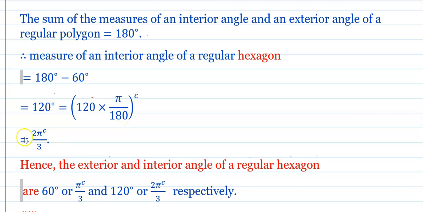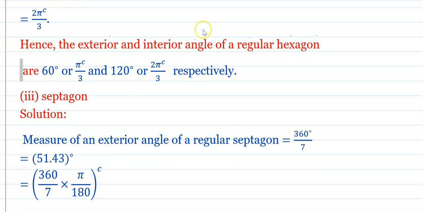Therefore you will get 2 pi by 3 radian, and hence the exterior and the interior angle of a regular hexagon are 60 degrees or pi by 3 radian, which is the exterior angle. Next, interior angle is 120 degrees or 2 pi by 3 radian respectively.